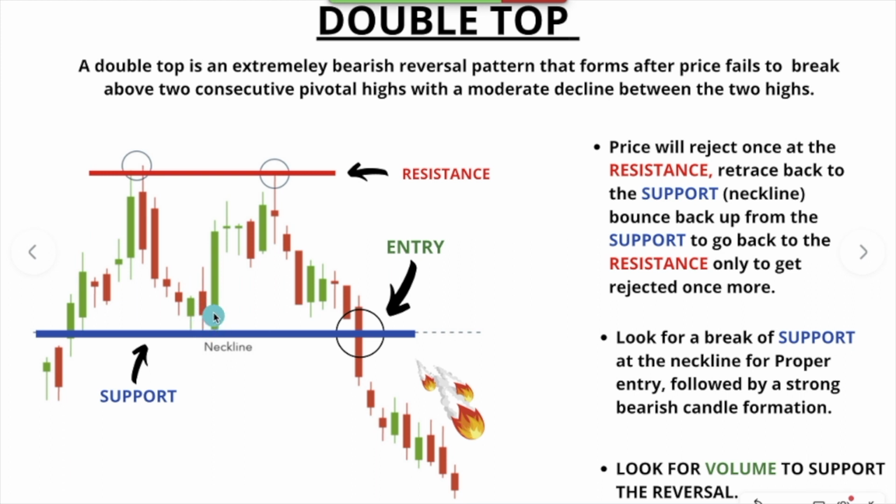Then from there, you'll have another rejection to the upside where price goes back up only to get rejected again at the resistance level before coming back to the neckline, also your support level. From there, that's where you'll find your entry point, when price is breaking the neckline over here.